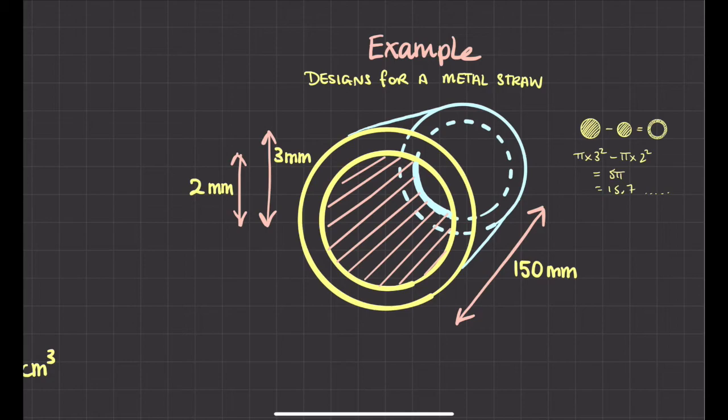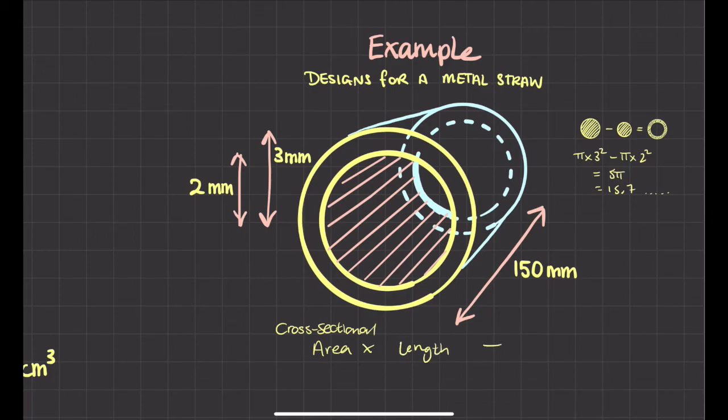Now I want to multiply that area by a length. So I'm going to multiply it by 150 to give me the total volume. Remember, we're doing the area, or I should say cross-sectional area, multiplied by this perpendicular length.